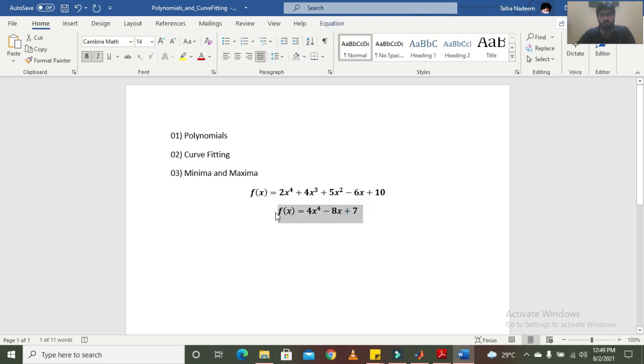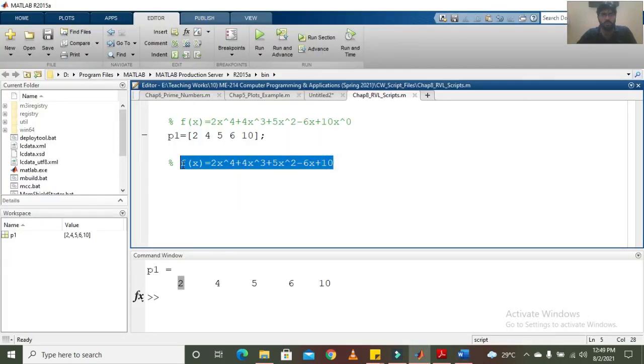I am just copying it from MS Word to MATLAB. Here you can see in this polynomial we have x to the power 4, and then we have x to the power 1. We do not have the terms of x to the power 3 and x to the power 2.